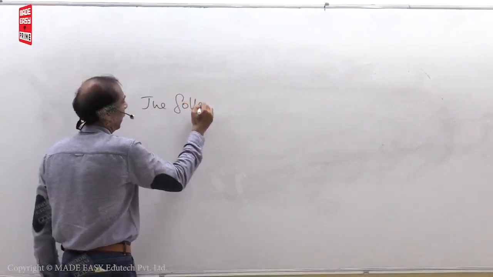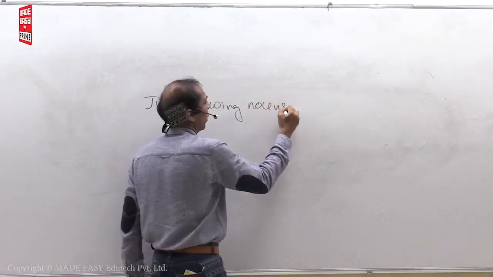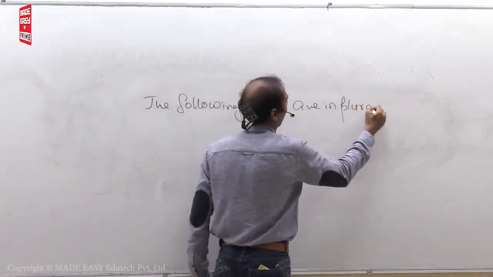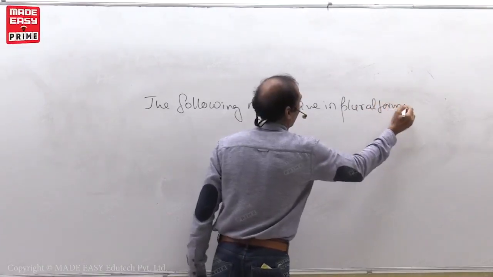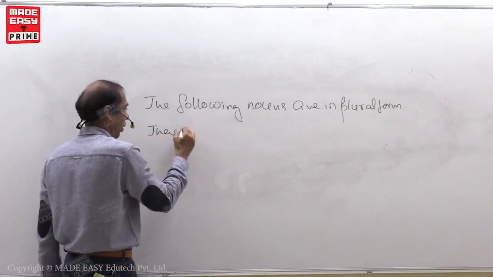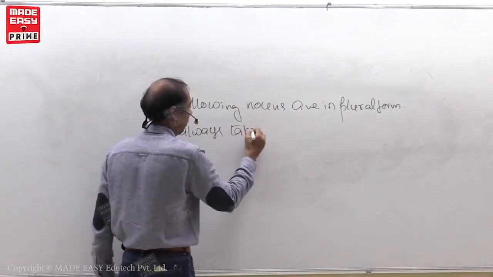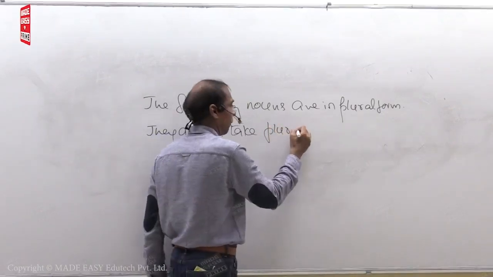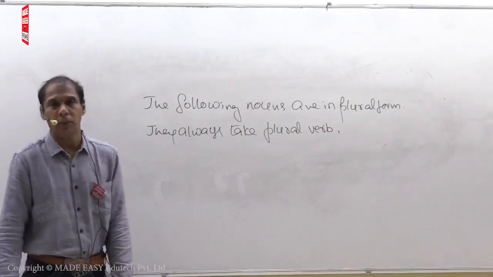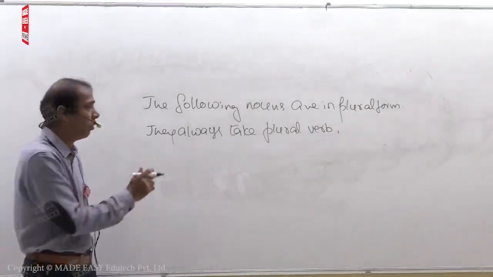See, the following nouns are in plural form. They always take plural verbs. Some nouns are always in plural form, and the verb also takes plural. What are the nouns?